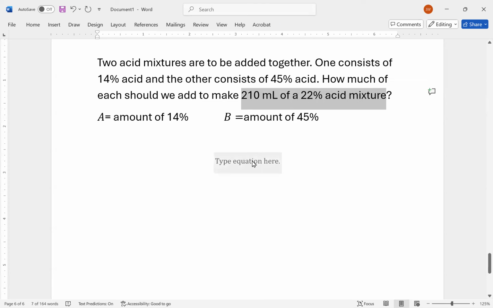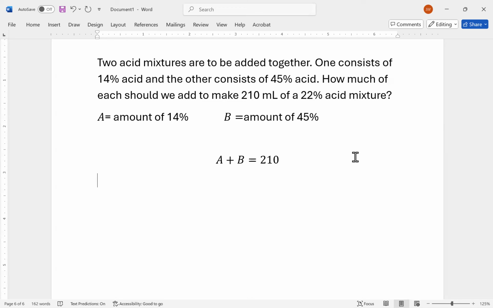We're going to set up two equations. One is going to be the total amount equation. That is going to say A plus B has to be equal to 210. When we add the A with the B, they have to add together to be 210. So that's my total equation. The second equation is what I'm going to call the acid amount equation.